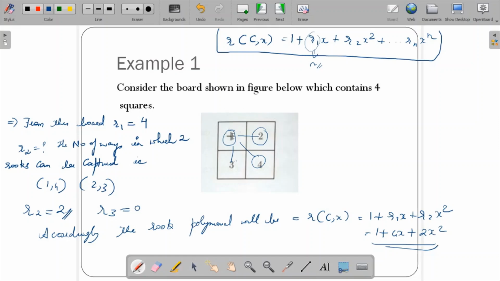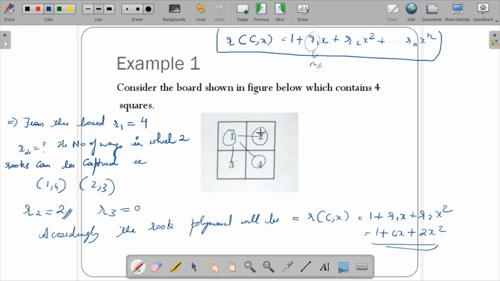So I'll just repeat. This is the formula for the rook polynomial. R1 is nothing but the value of n. N is a single item. So how many are placed in the chessboard? 4 items directly. R2 is a pair you're going to find. R2 means 2 items. But for those 2 items, for example for 1 you're going to find a partner who should not belong to the same row and same column. So for 1 the pair is 4.